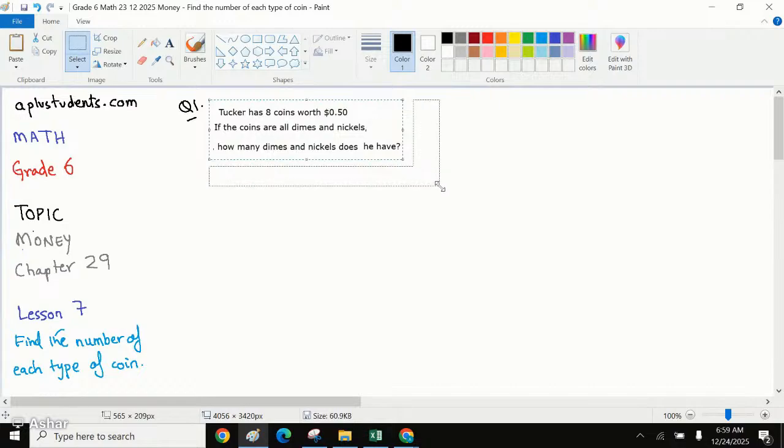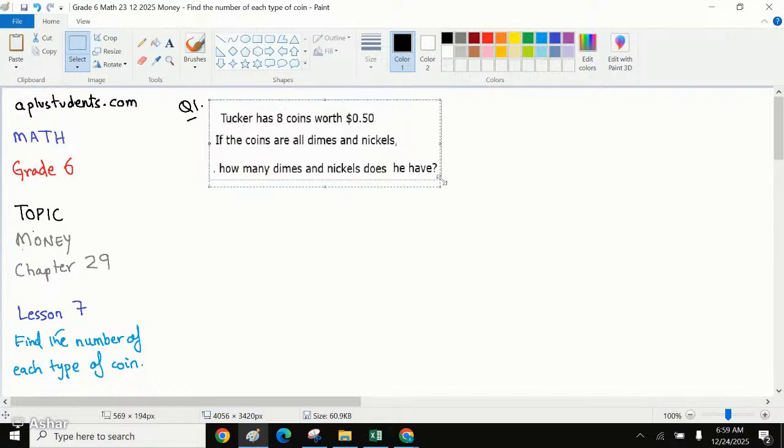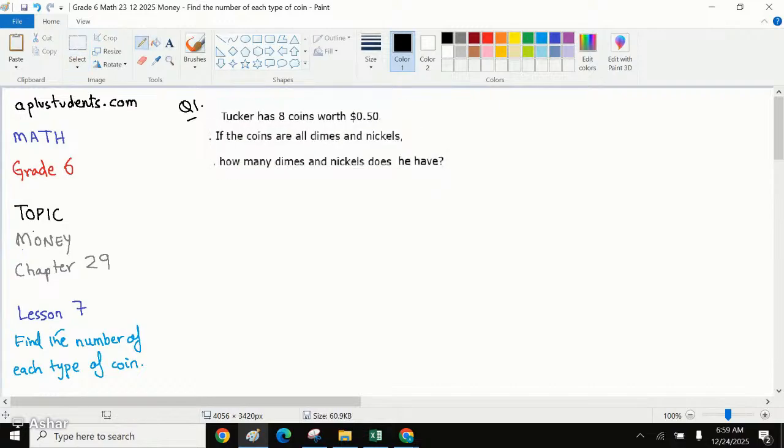Let's enlarge so that it's easier for you to read. Let's underline our information. We have 8 coins worth $0.50 each, 50 cents. If the coins are all dimes and nickels, how many dimes and nickels are there, right?